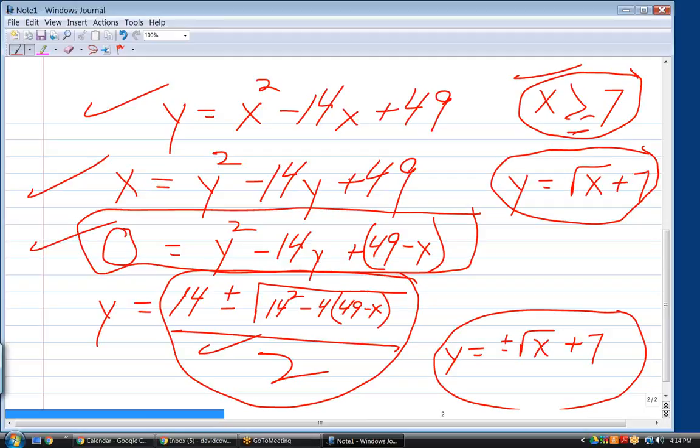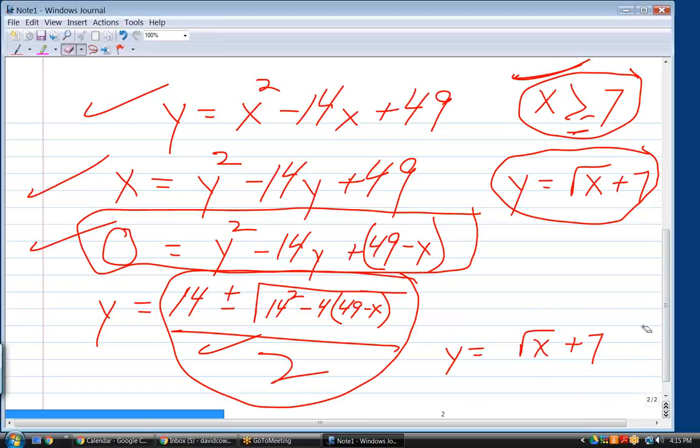So if they're telling me that x has to be greater than or equal to 7, then that tells me that on the inverse function, y has to be greater than or equal to 7. And if y has to be greater than or equal to 7, it pretty much eliminates the negative option. Has to be plus square root of x.